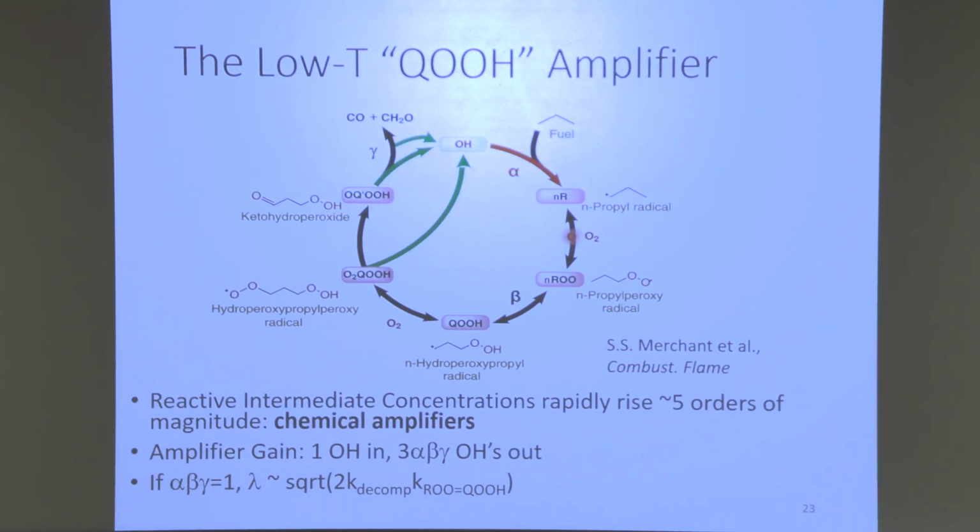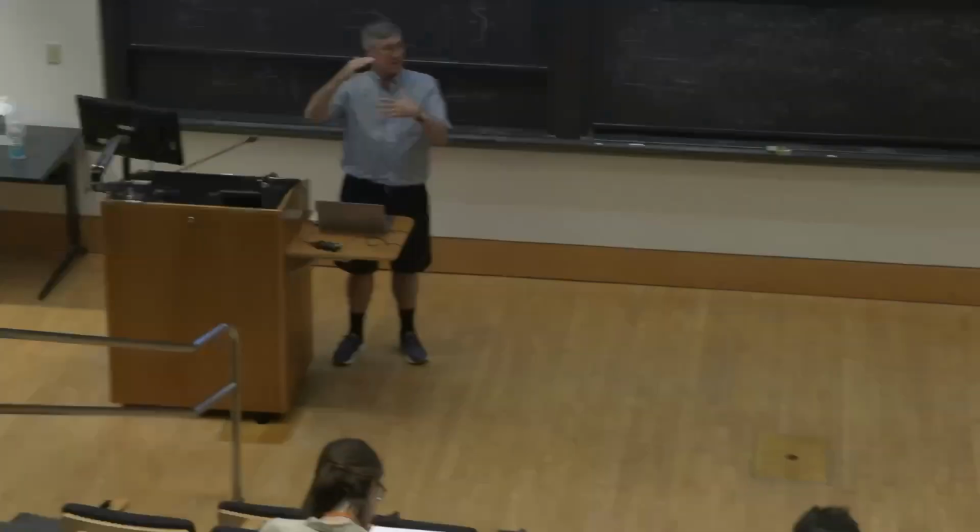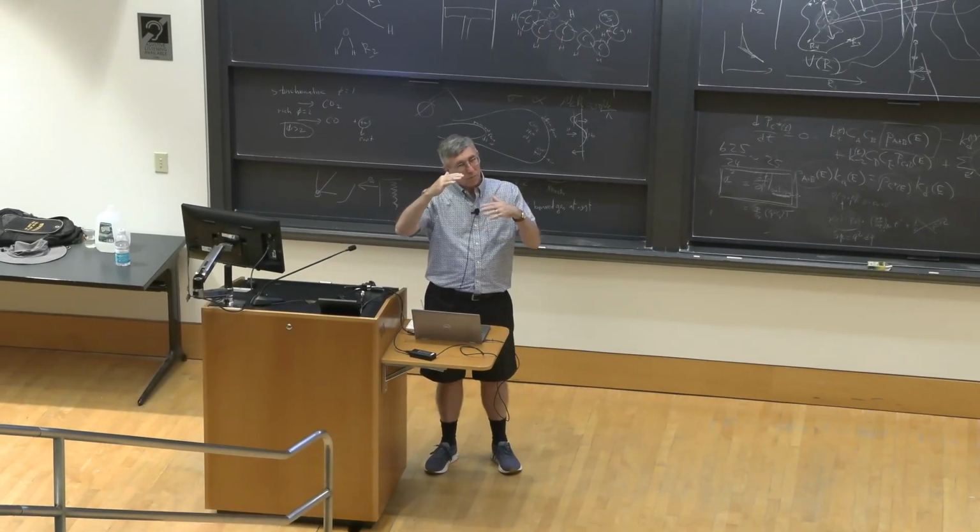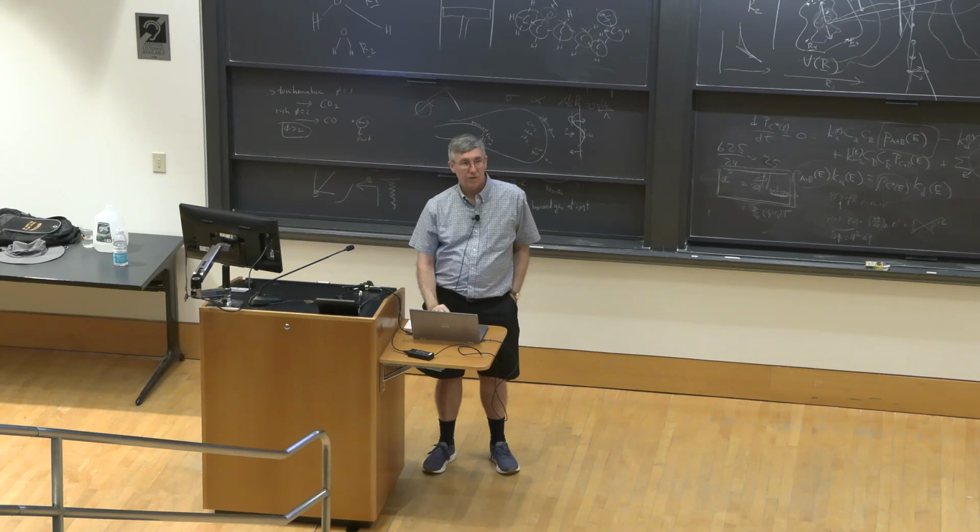And if you understand all these steps, 1, 2, 3, 4, 5, 6, actually this one too, 7 steps, that's all you need to understand it. So you don't need 1,000 reactions, you need the seven reactions, but then times the number of fuels you have, because each fuel will have different numbers for each of these reactions.